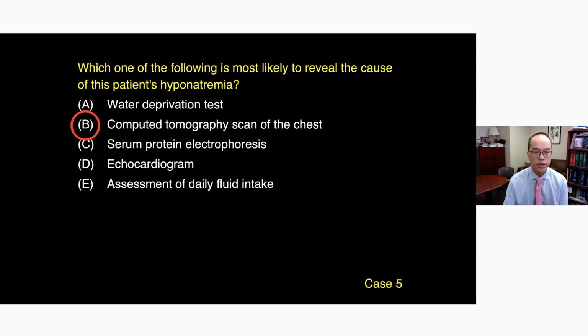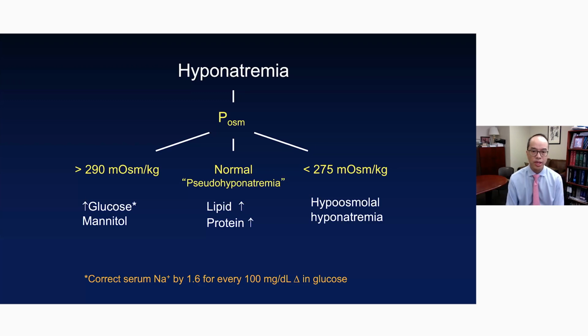So let's go over the differential diagnosis of hyponatremia. When I see a patient with hyponatremia, the first question I ask is, is the plasma osmolality truly reduced? So is this really hypoosmolar hyponatremia, in which case we can measure the plasma osmolality that's less than 275.